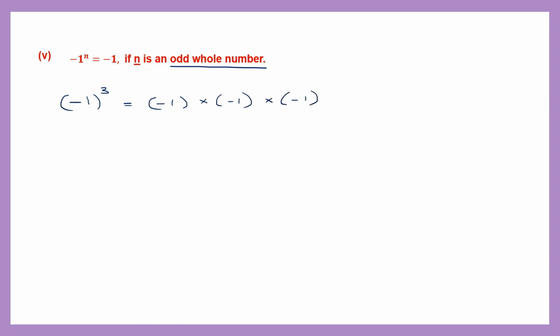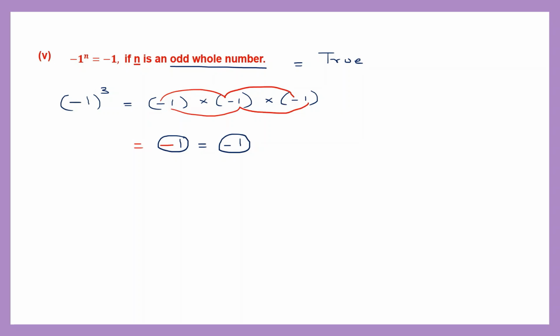So minus into minus is plus, plus into minus is minus. So our sign is minus. Now multiply the numbers. 1 ones are 1, 1 ones are 1, minus 1. So in the left hand side we have minus 1. On the right hand side also we have minus 1. So the left hand side and the right hand side are equal.